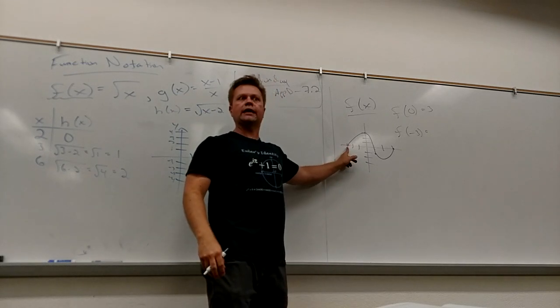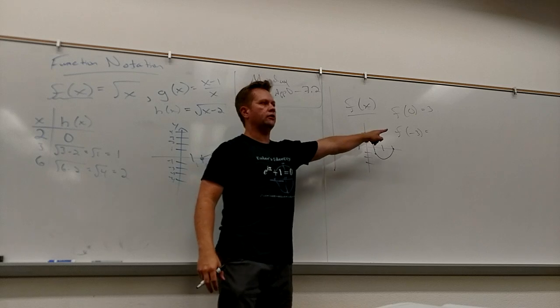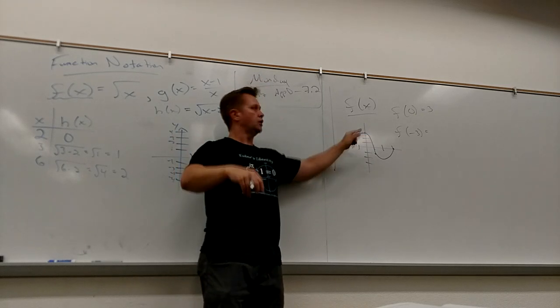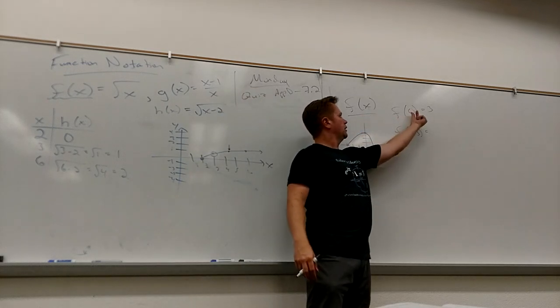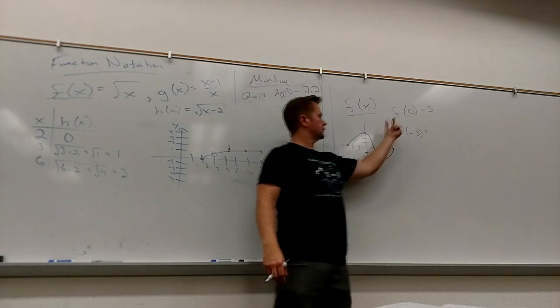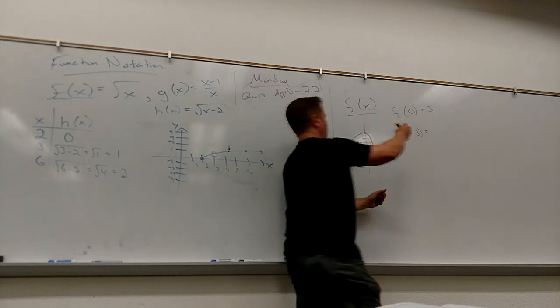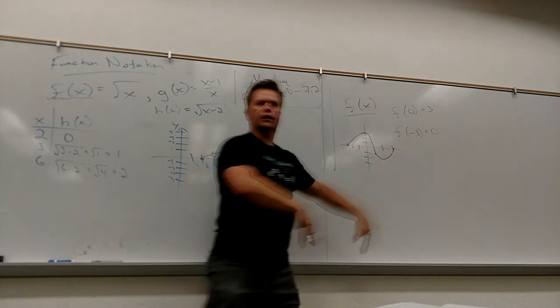That's where the point is. That's the output. What that question is really asking you is, if the x piece is 0, what's the y piece? 3, because it goes to the point 0, 3. F of negative 3 is 0, and I could keep going.